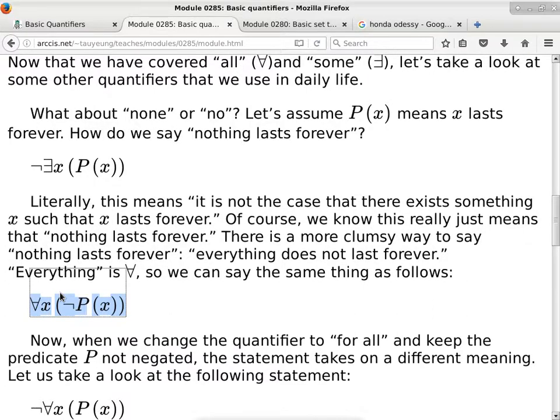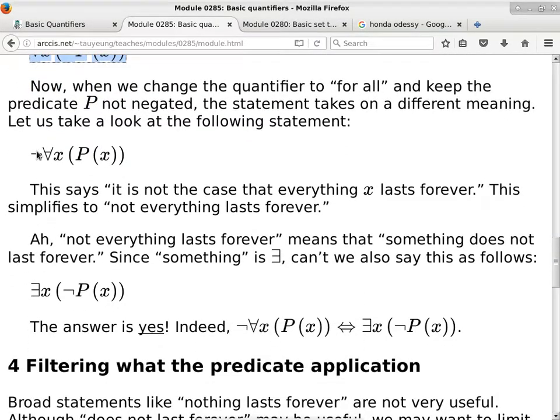Now we look at the other pair, because when you have this pair, you have a second pair. The second pair starts with this one, which says it is not true that for all x, P of x is true. Is it really saying the same thing as there exists at least one x such that P of x is false? Think about it one more time.